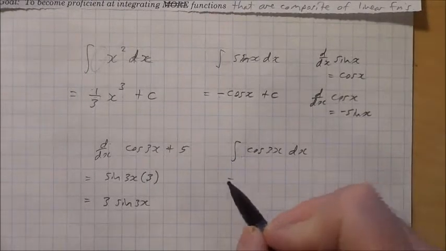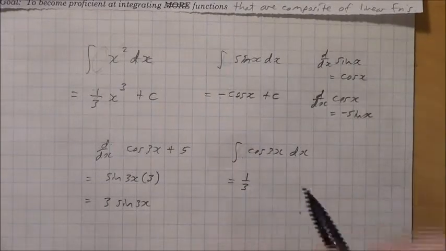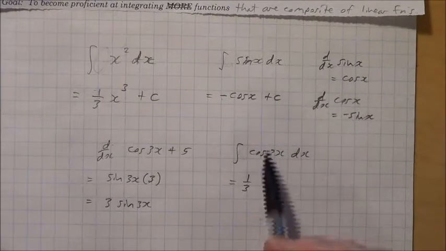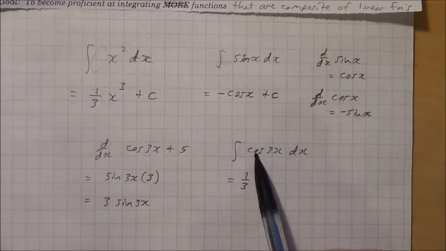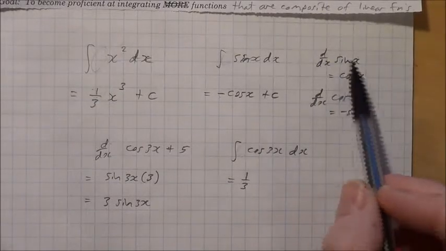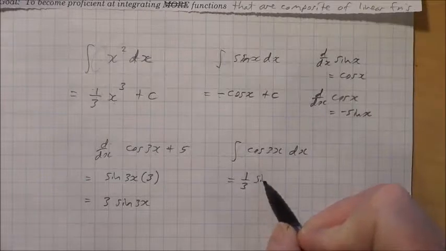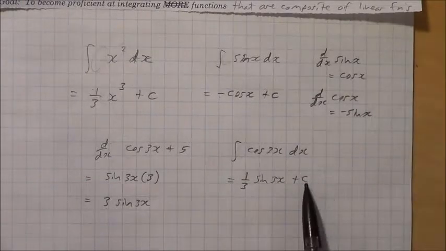So what I need to do is counteract that 3 being multiplied, so I'm going to multiply by 1/3, and then the integral of the cosine, well, if I differentiate sine, I get cosine, so if I go back, I need to have sine 3x, and then plus the constant of integration.